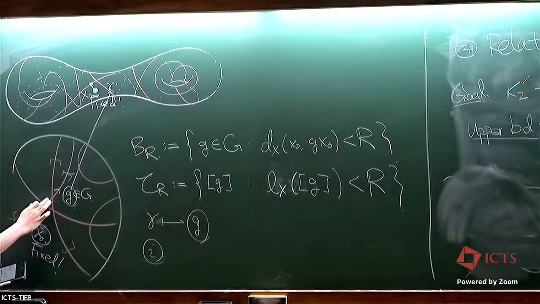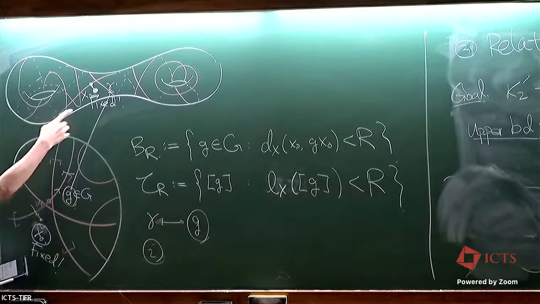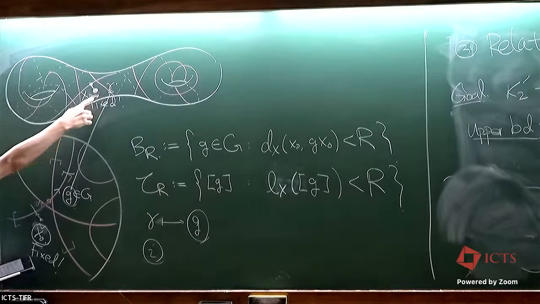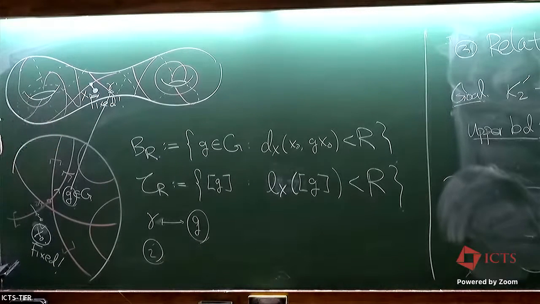Let's say you proceeded by 2m, and this point will be somewhere around here, but that's still close to x0, by distance m. So it will still be close to another lift of x0, which is not the x0 tilde that I fixed.